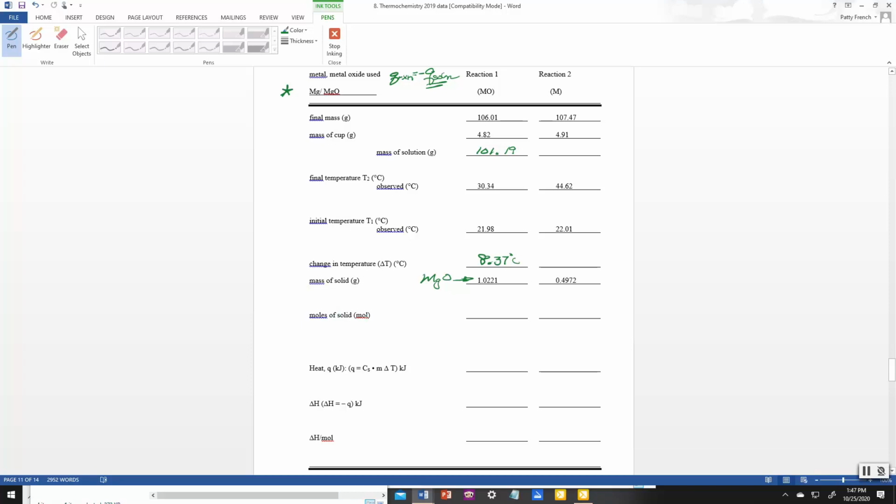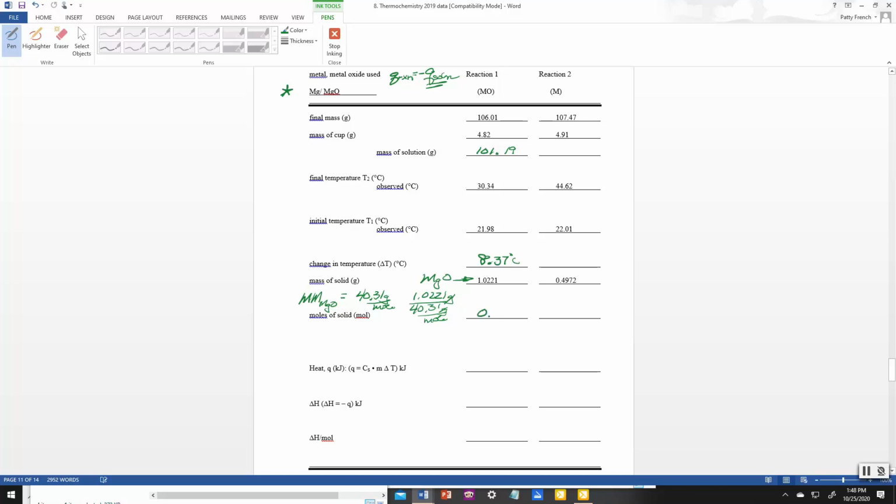So finding the moles of the solid, well, we had to find the molar mass of magnesium oxide first, and that is 40.31 grams per mole. So the 1.0221 grams divided by 40.31 grams per mole. Our grams cancel and we end up with moles.